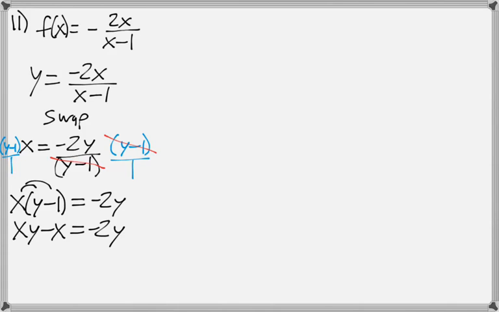And now I'm trying to get y by itself. So I have y terms on both sides of the equation, and that's not going to help. So my step here is the terms with y, I want to be on one side, and the terms that don't have y, I want them to be on the other side.